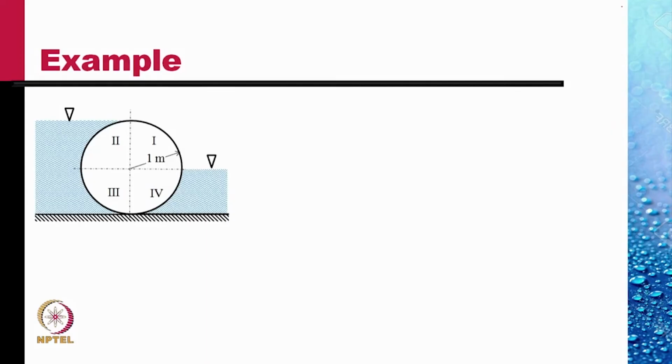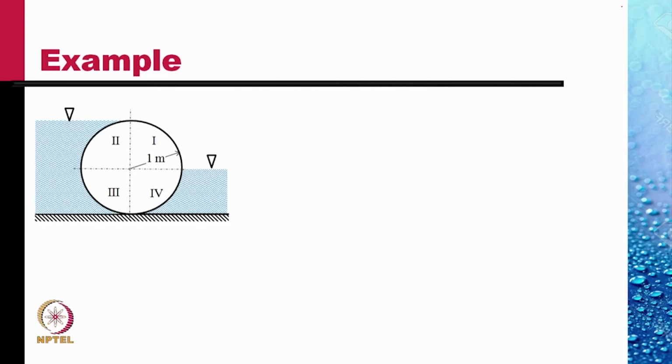Let's do an example. Let's consider a cylindrical body which is immersed in a liquid as shown. On the left, the free surface of the liquid extends up to the topmost point of the cylinder, and on the right, the free surface of the liquid is only up to the diameter at the middle.